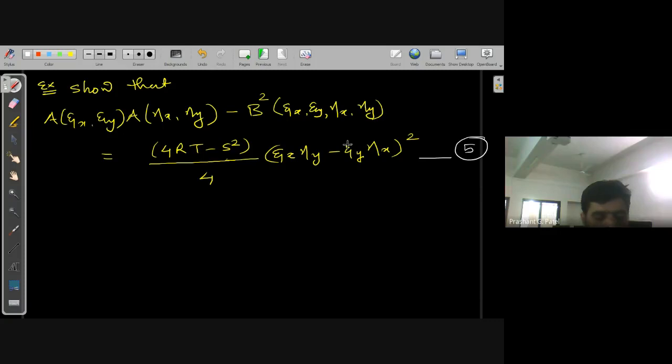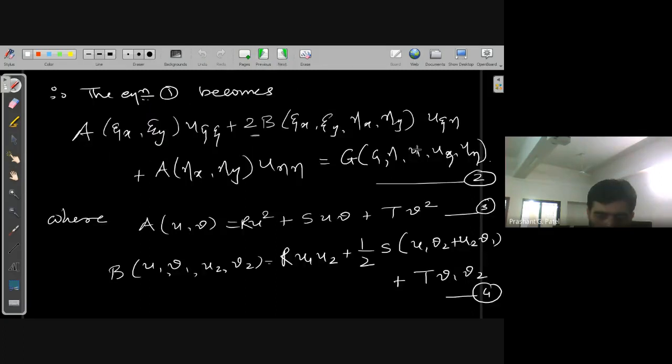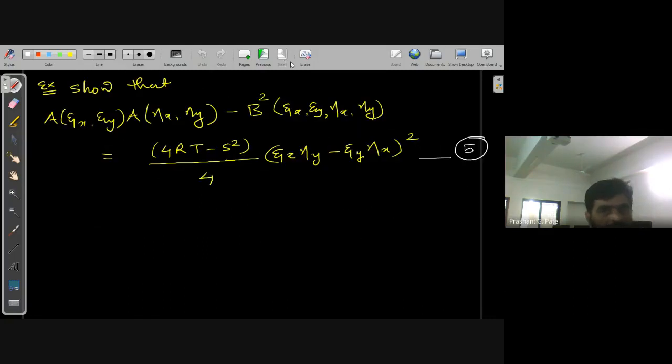Now the problem is to choose the xi and eta so that this equation number 2 will take a simpler form. That is our objective, to classify.